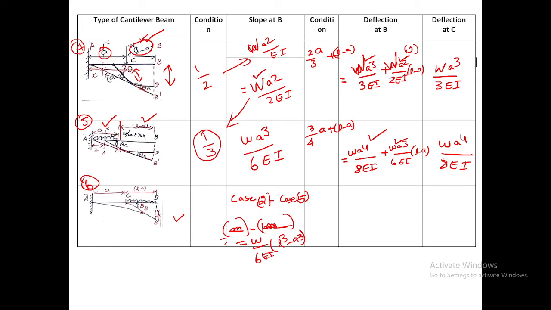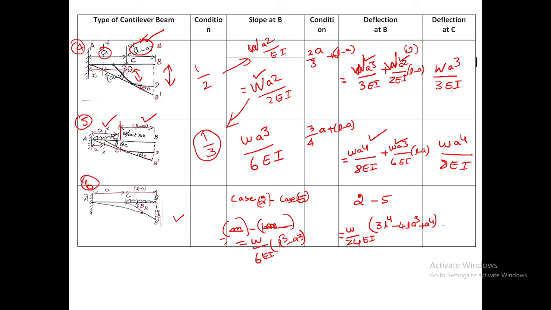This is also case 2 minus 5. So the answer is W divided by 24 E I into 3 L power 4 minus 4 L A cube plus A power 4.